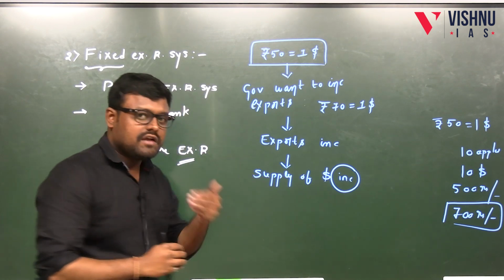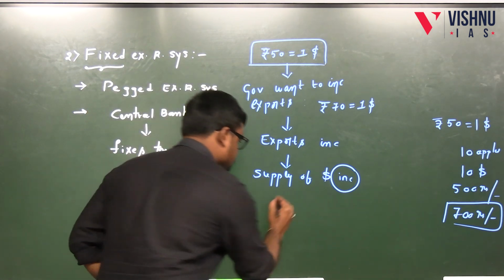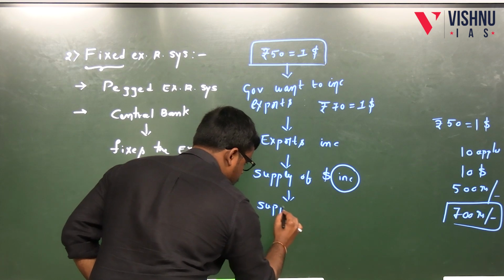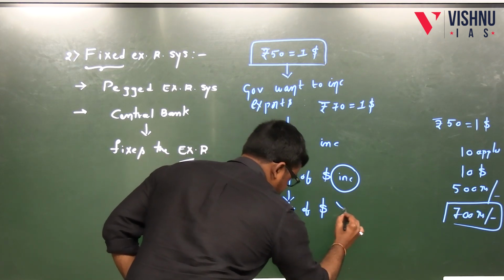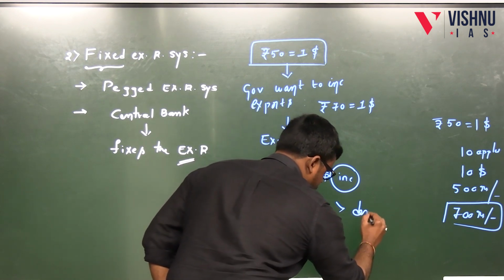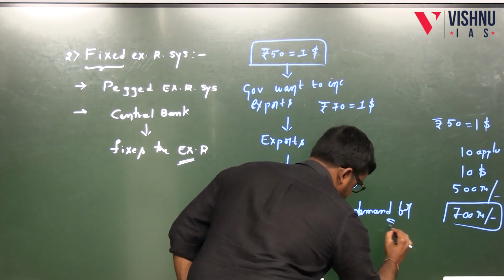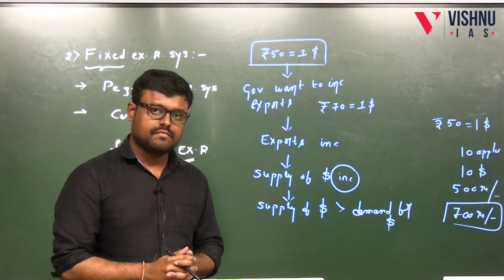The supply of dollars increases, the demand is still there, that means the supply of dollars is greater than the demand for dollars.